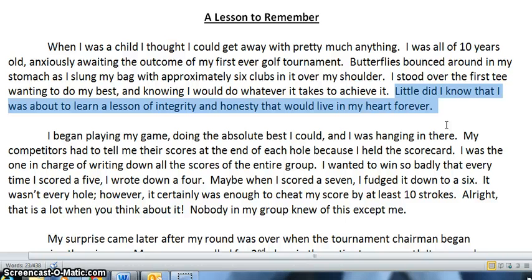And then my thesis: "Little did I know that I was about to learn a lesson of honesty and integrity that would live in my heart forever." Okay, the thesis, the highlighted sentence you see right there, is what my paper is about. This is the one sentence that tells the lesson I'm going to be holding very true to my heart, and it's what this paper is focusing on: the lesson that I've learned here.